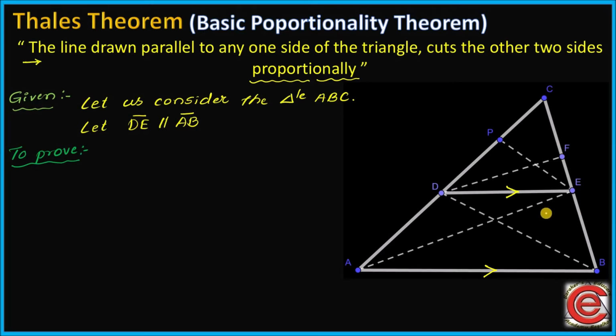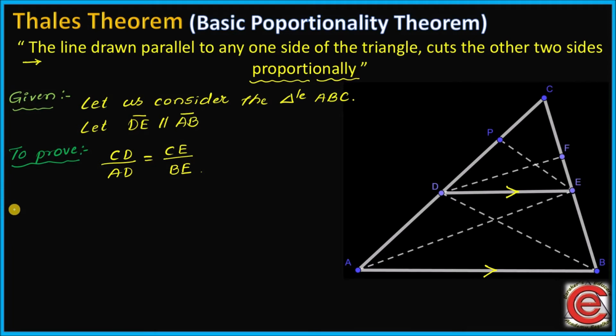Proportionally means equality of ratios. Hence the ratio of CD and AD will be equal to the ratio of CE and BE. The same thing can be written as CD to AD is equal to CE to BE. So this has to be proved.